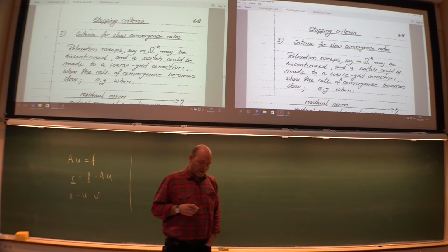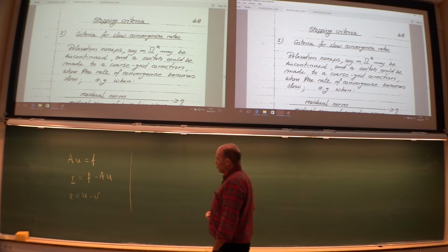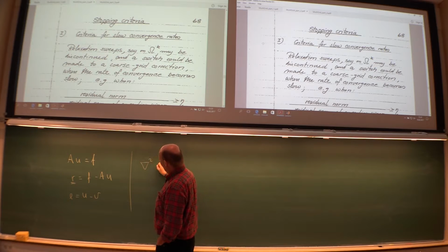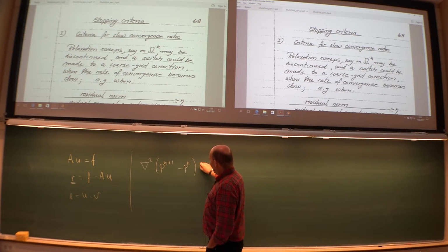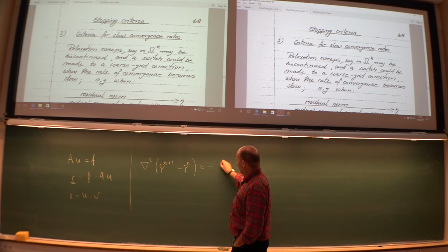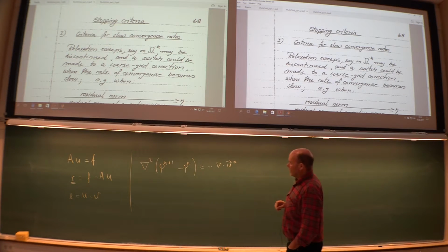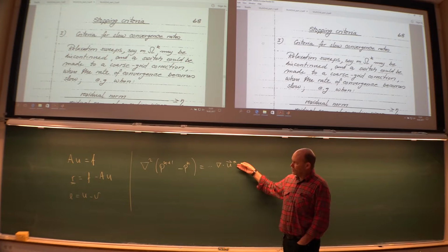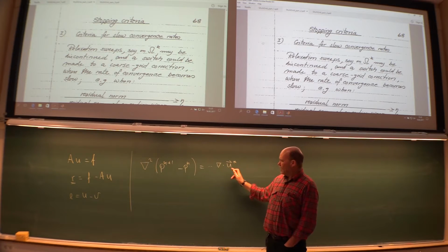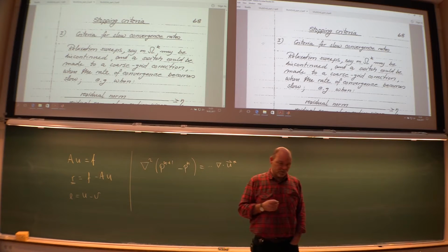If you recall the SOLA algorithm, the projection method, what did we do? We constructed a Poisson equation for the pressure difference between the new and the old pressure. That was equal to the divergence of the tentative velocity field, something like that. We solved this one with an SOR, and during the process we had to re-update the velocity field and find the new value for this divergence, which is the right-hand side of the equation system.